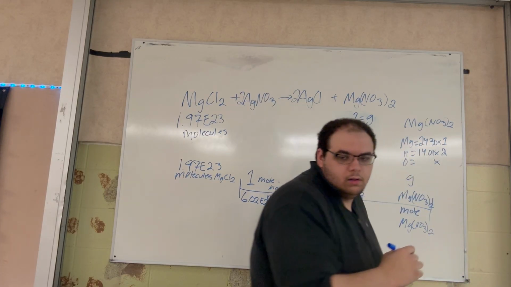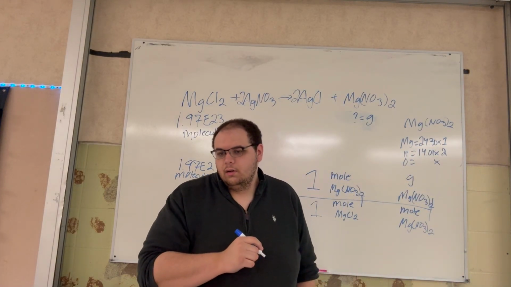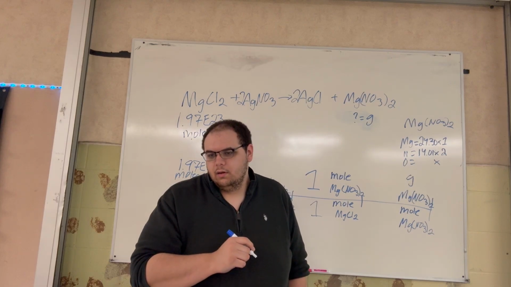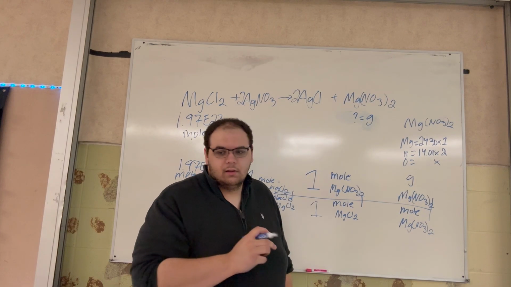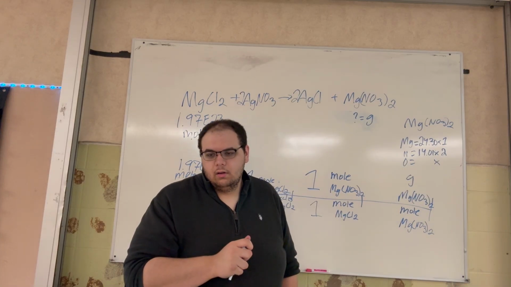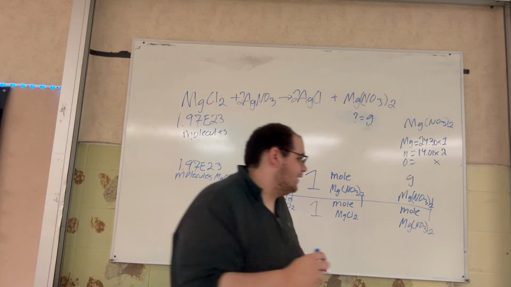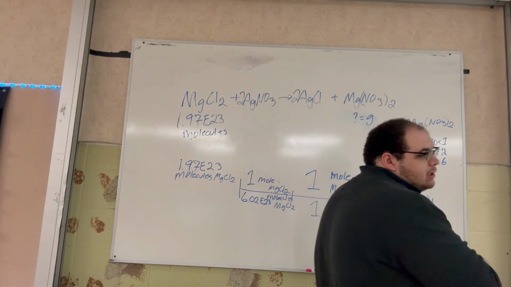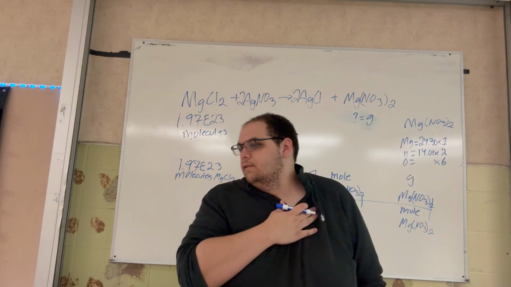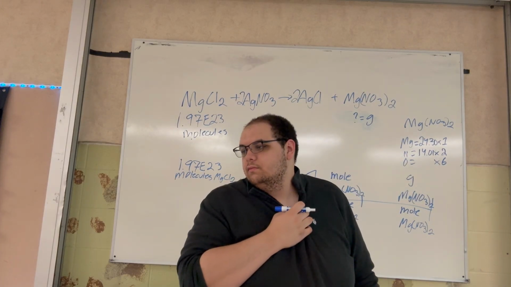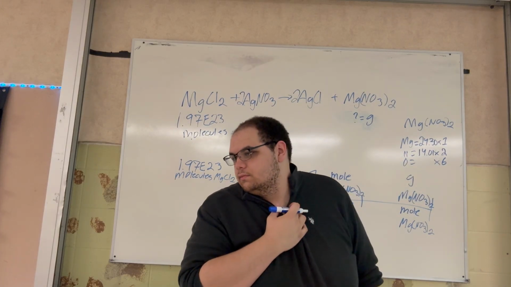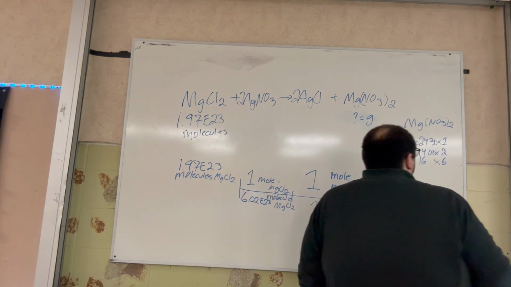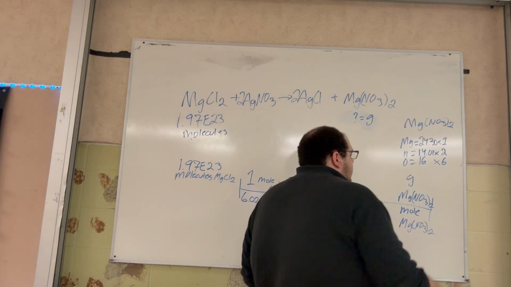How many oxygens? Oh, 3 times 2 is 6. Vivian, what's the mass of oxygen according to your periodic table? 16. Put that in your calculator, add them up. What do you get?